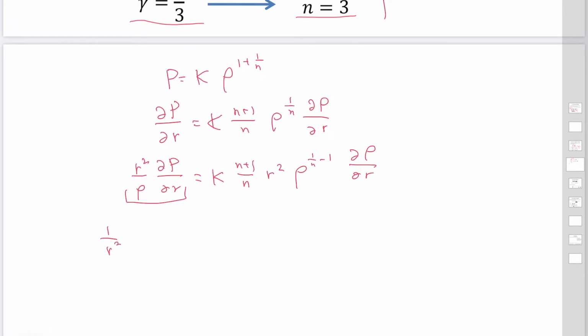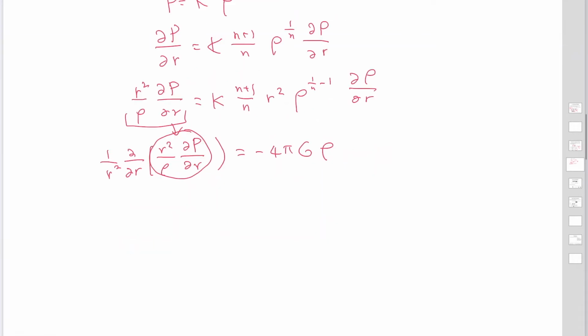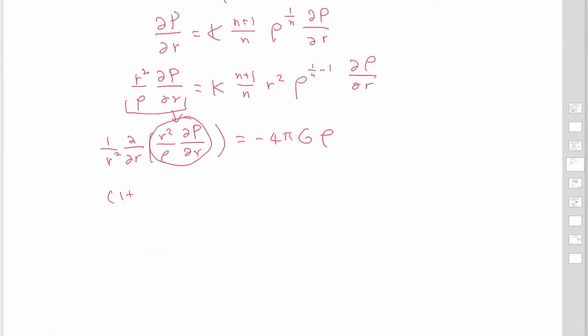1 over r squared ∂/∂r of r squared over rho ∂P/∂r equals minus 4 pi G rho. So you can substitute here. It becomes (1+n)K over 4 pi G n, times 1 over r squared d/dr of r squared rho^(1 - 1/n) d rho/dr.